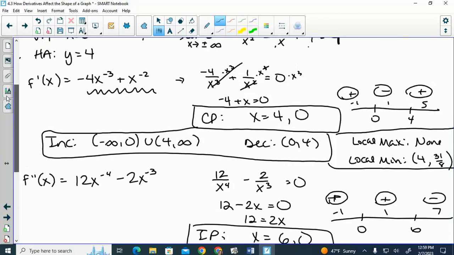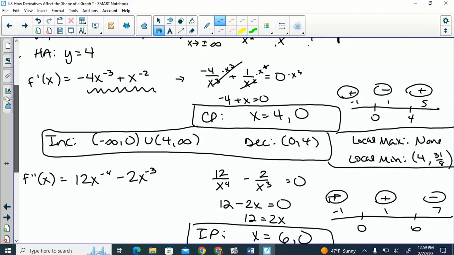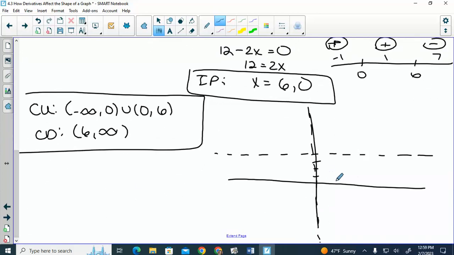We had local min at 4. 31 over 8 is not quite 4. Inflection point. We need an actual x and y pair.